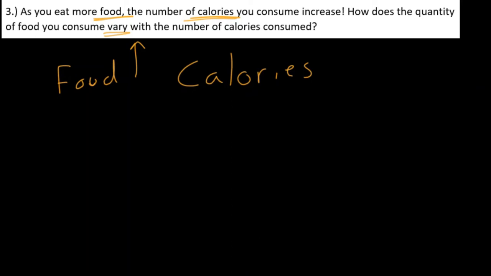Well, as you eat more food, the number of calories that you consume is also going to increase. So as this one increases and this one increases, this is an example of direct variation. Okay, so what we're going to say right here is food is the input, it's what's happening first, and then calories is going to be our output.